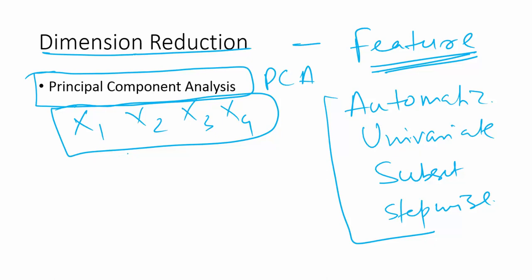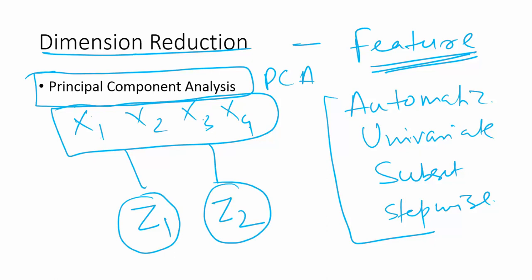So by combining x1, x2, x3, x4, we could find 2 different variables called g1 and g2. The information of x1, x2, x3, x4 combined is retained by g1 and g2, but they are 2 different variables. So g1 is a linear combination of some of these variables, and g2 is also a linear combination of some of these variables. So we are combining variables to find principal components.